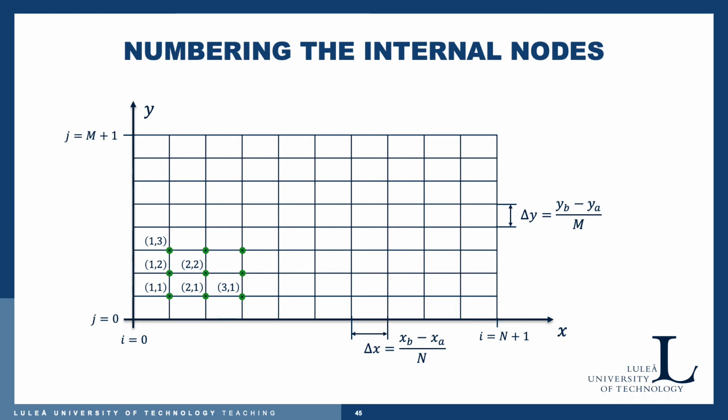We increase i again; I haven't written out that point here, but it would be 3, 2, and then we increase the j index again, and we have 1, 3, and so forth. And we number all these nodes marked here in green, and these will be referred to as internal nodes, and it's very important as these are the nodes that we solve for.